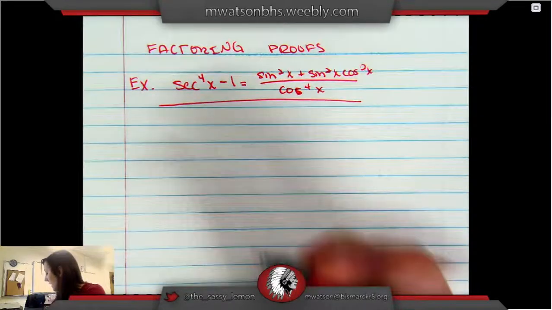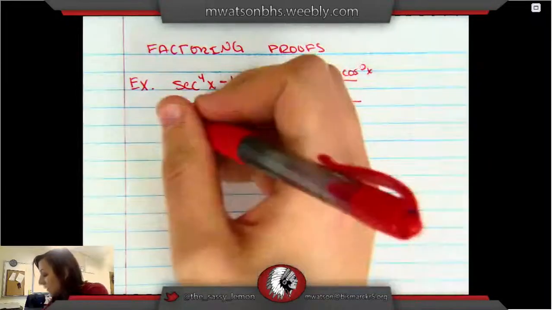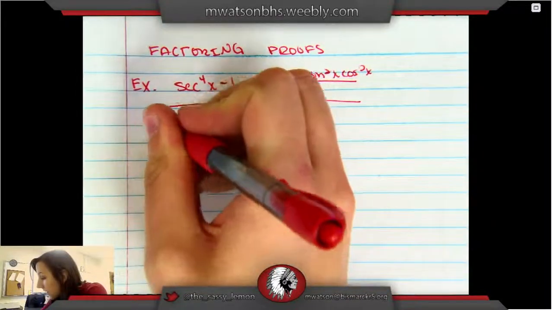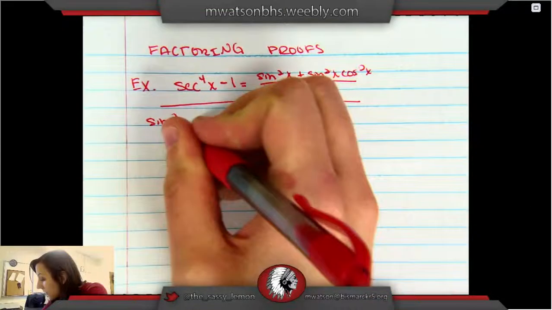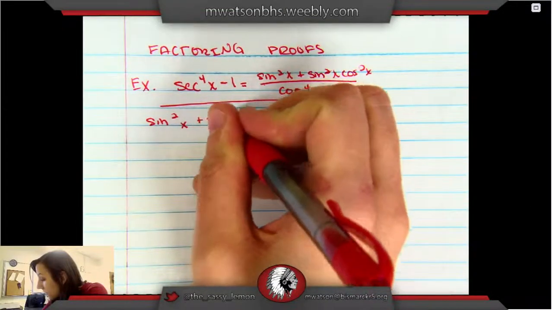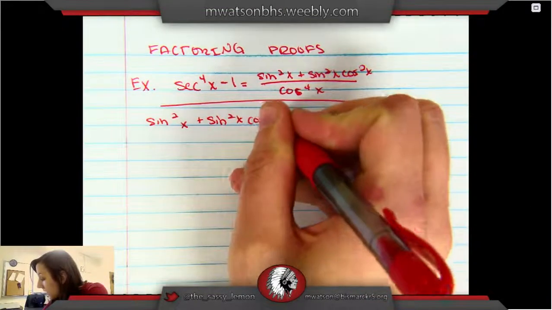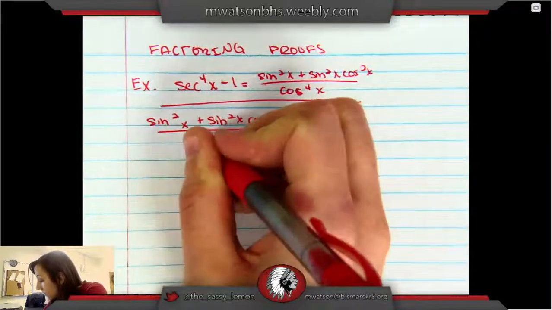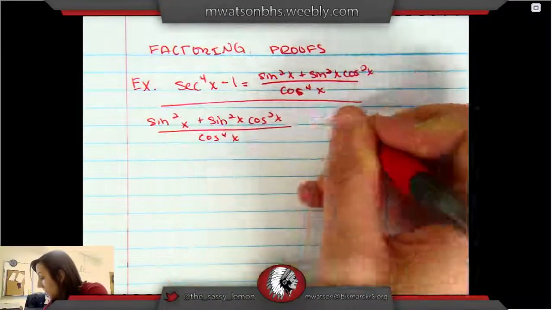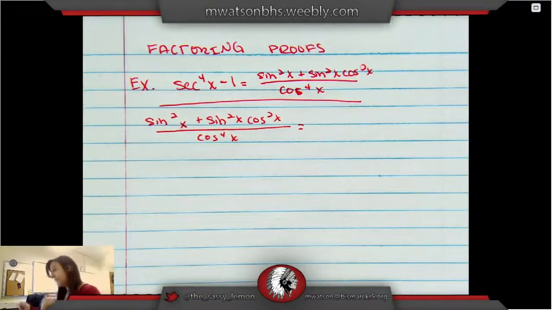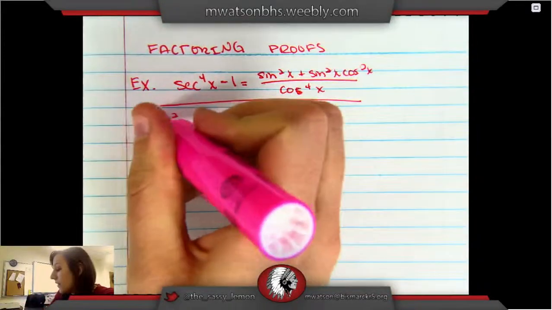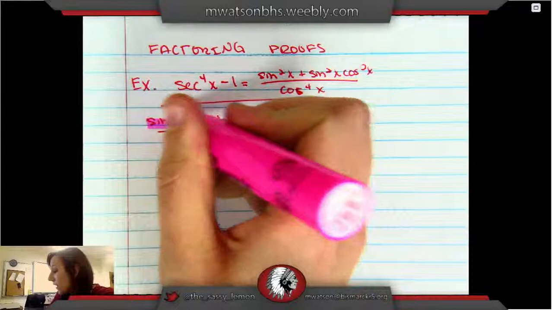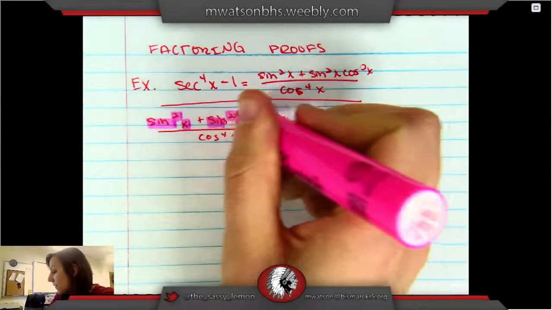So we're going to say, all right, well, we've got sine squared x plus sine squared x cosine squared x all over cosine to the fourth x. And I can see that we've got two terms on top, and they both have a sine squared x in them.